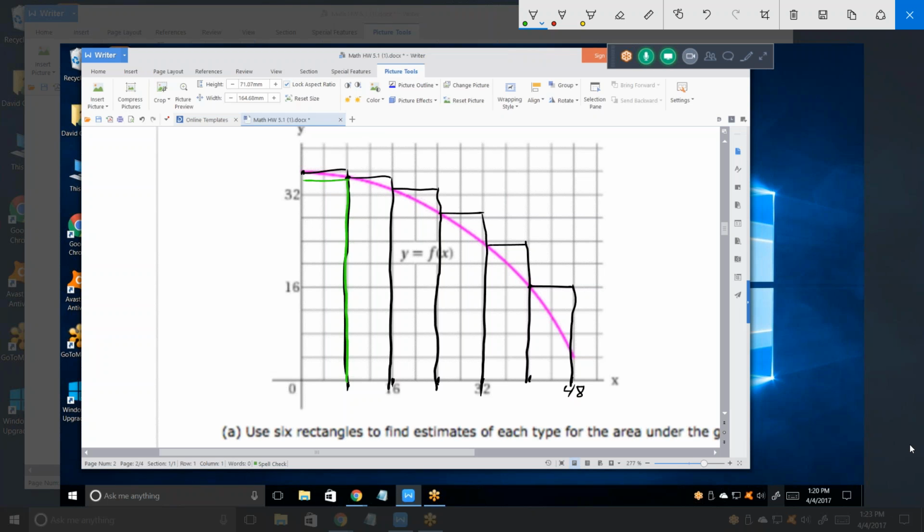Because I'm putting the upper right-hand corner of the rectangle on the function. Well, that's that spot, or that spot, or this spot, and finally, that rectangle. So if I use right RAM, I'm severely underestimating it with this decreasing function.